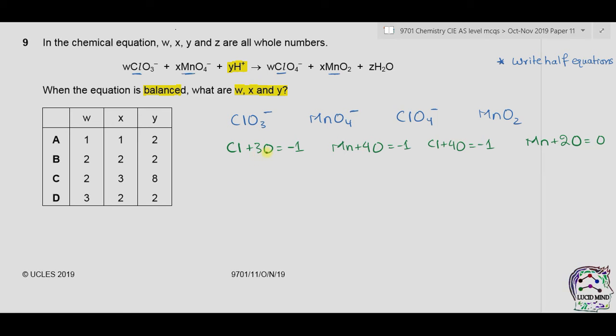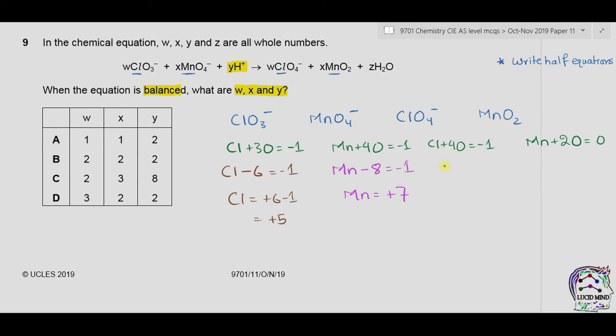For oxygen atoms, the oxidation state is -2. So for 3 oxygen, it will be -6. So chlorine will become +5. Similarly, in this compound, we have 4 oxygen atoms. So the charge will become -8, or Mn will become +7.